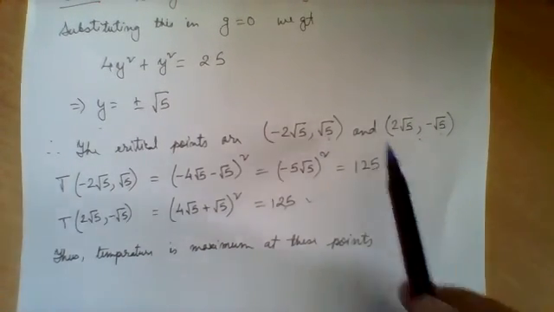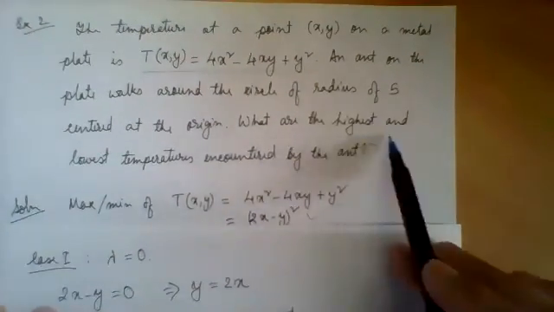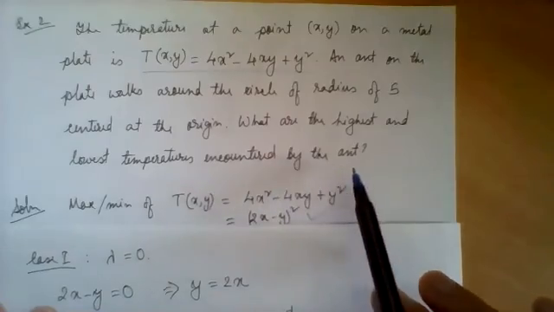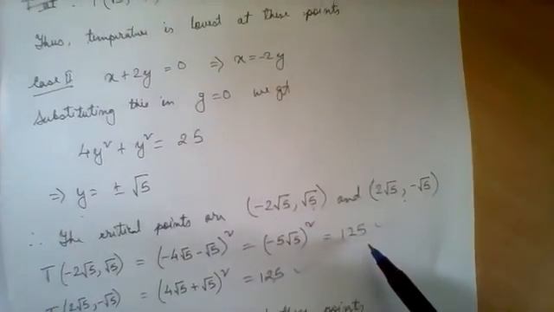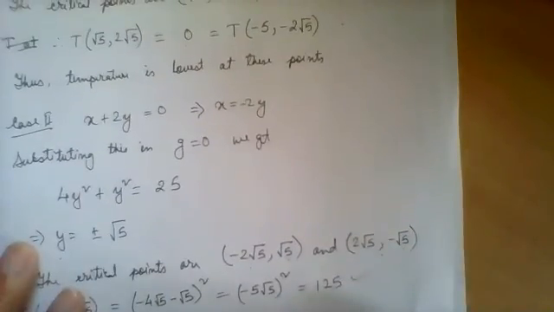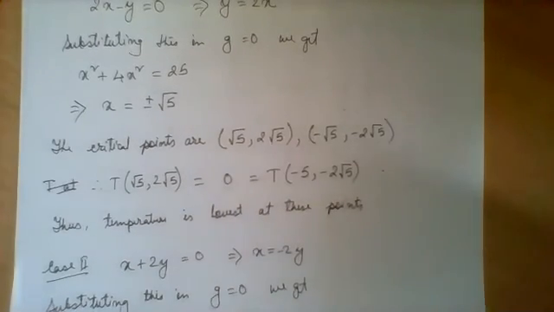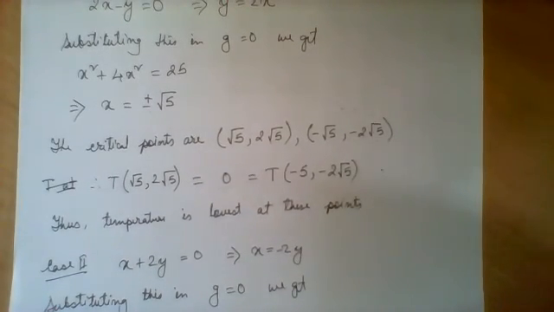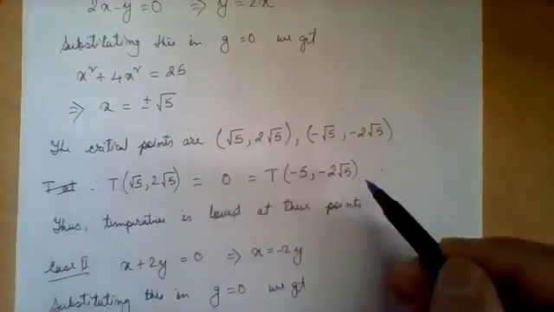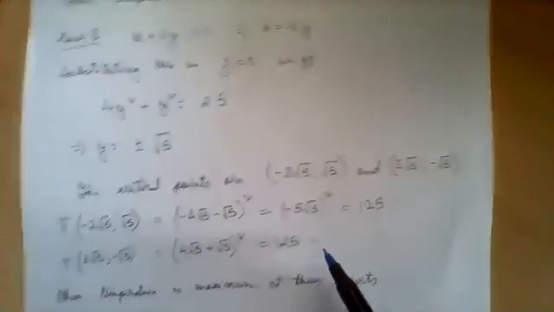Question: what are the highest and lowest temperatures encountered by the end? The highest temperature encountered by the end is 125 degrees Celsius, and the lowest temperature is 0 degrees Celsius. So this gives you the lowest temperature, this gives you the highest temperature.